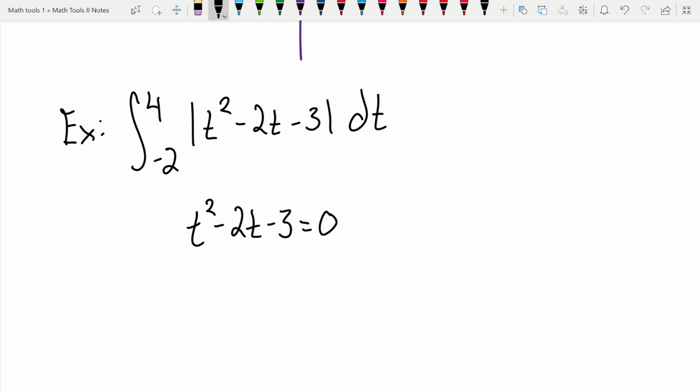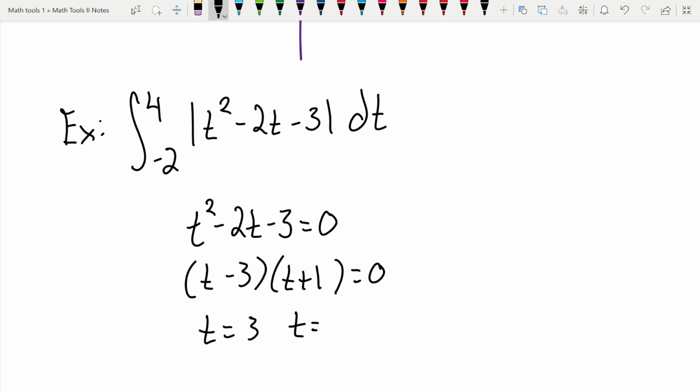Okay, so this is equal to 0. We can factor this as t minus 3, t plus 1. So this is t equals 3, t equals negative 1, and then we can do a sign chart to see where this is positive and where this is negative. If you plug in 0, you get negative 3, and then it should alternate from there.